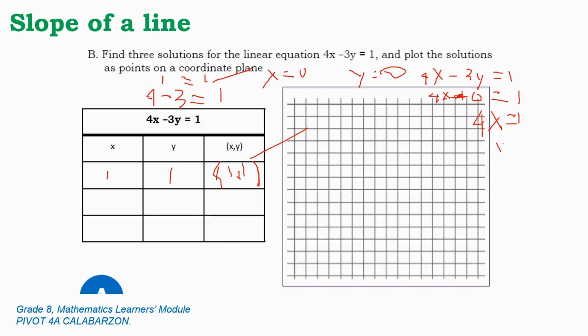Since x has 4, we cancel it by dividing by 4, or you can transpose it to the other side right away.